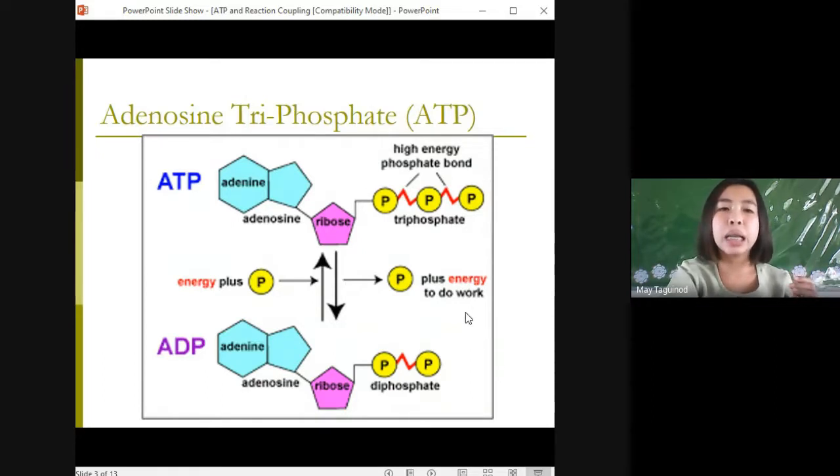As you look at it, in ADP there are only two phosphate molecules, while in ATP we have three phosphate molecules. That's why it's called triphosphate, meaning three molecules of phosphates.